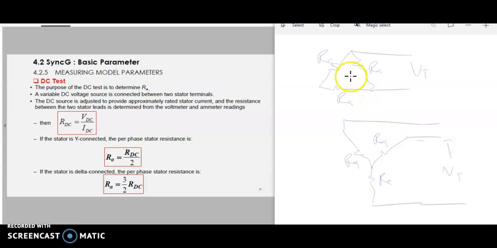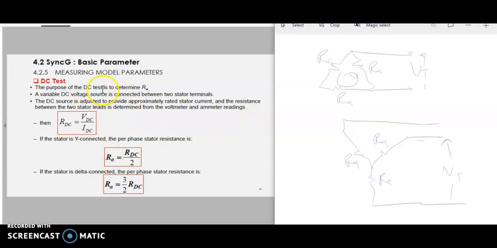By right, if you have a generator, you can measure the terminal voltage at your terminals or your phase. For delta, you measure the terminal voltage the same as your phase voltage. Meanwhile, for Y connected, your terminal voltage is root 3 of your phase voltage.